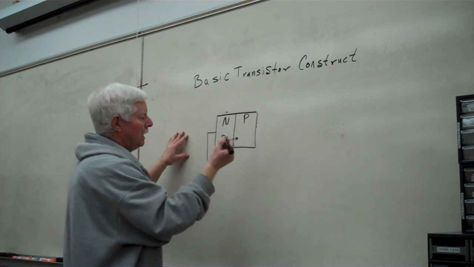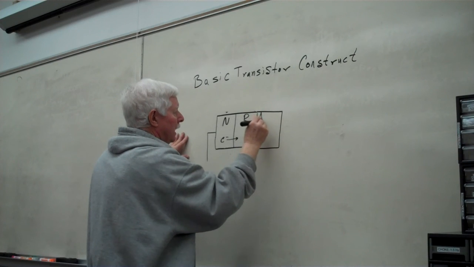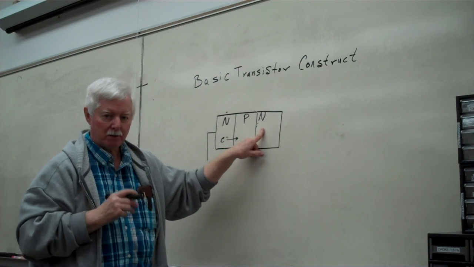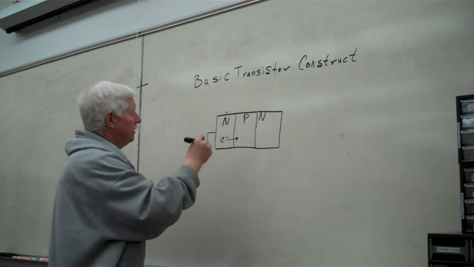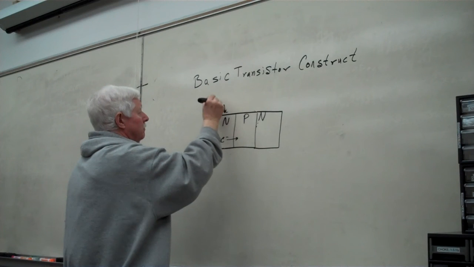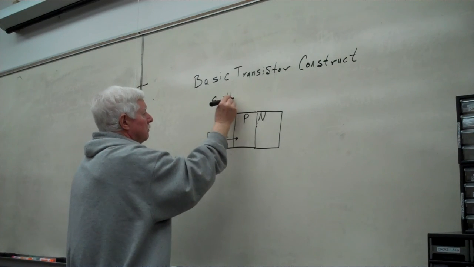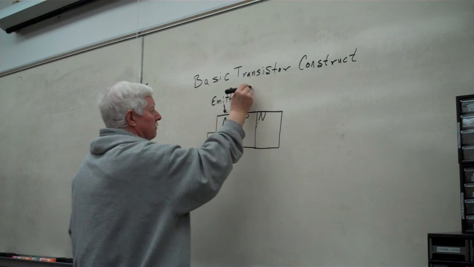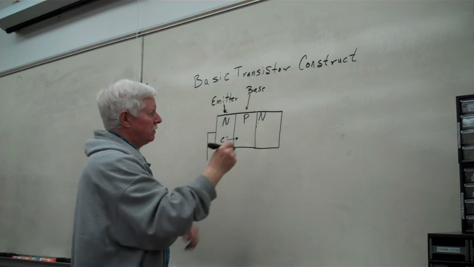We're going to put an N block out here, like this. And we now have a three-terminal device known as a transistor, and it has names for each one of these sections. This one's called the emitter. The middle part's called the base. And this part up here is called the collector.